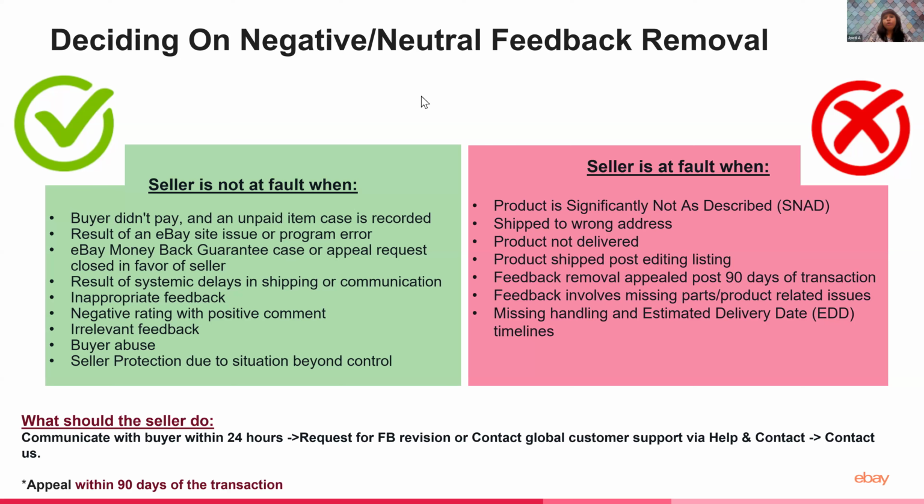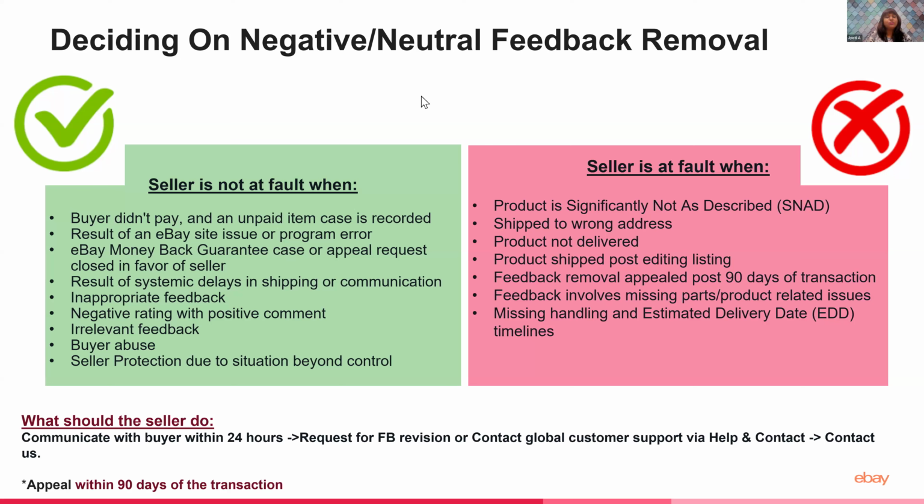Right now, to help, what you need to do is, first of all, if you feel that's an unfair negative or neutral feedback, send a feedback revision request to the buyer. Or what you can do is you can contact the global customer support by going to ebay.com and by clicking on help and contact and then clicking on contact us.